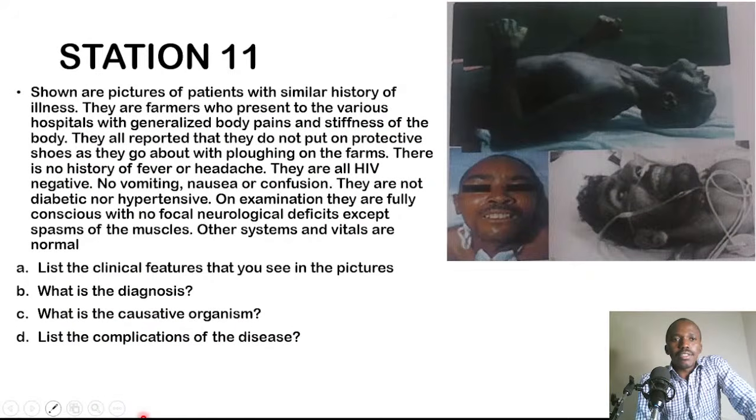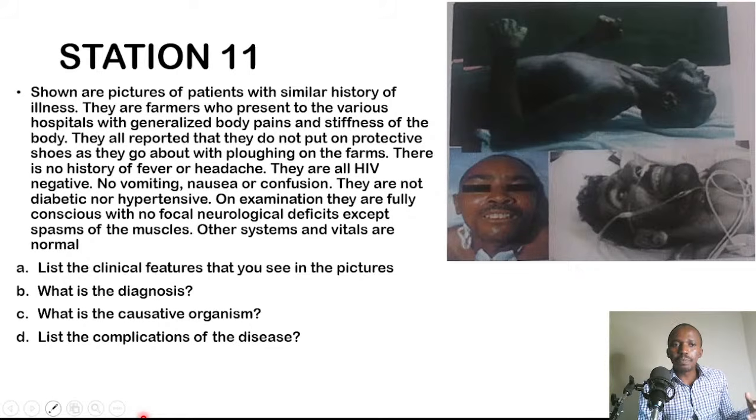Station 11 shows pictures of similar history of illness. They are farmers who present to the various hospitals with generalized body pains and stiffness of the body. They report that they do not put on protective shoes. They go about plowing on their farms.